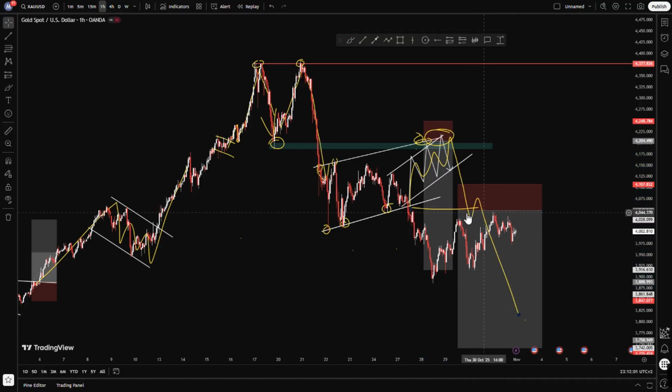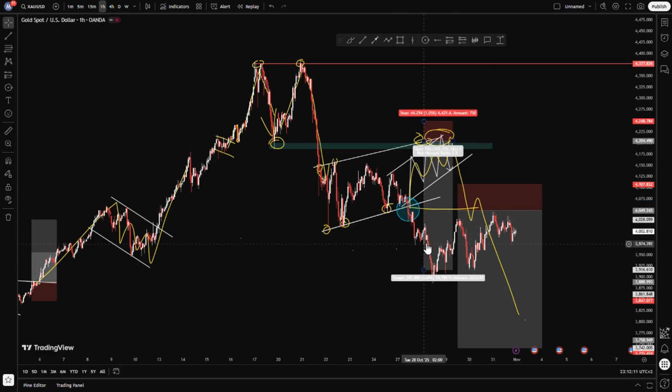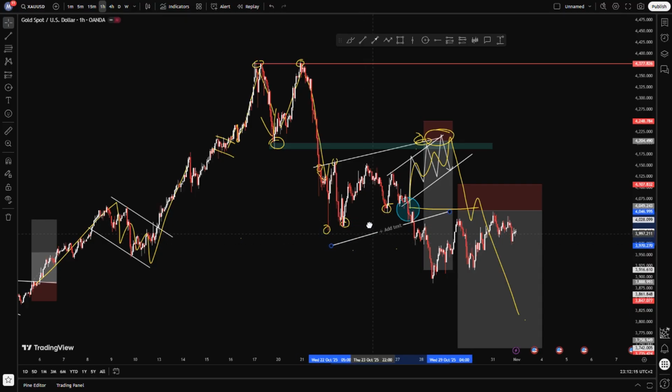This was going to be my second entry right here. But now, as we can see on the screen, price dropped from here and started going to the downside. I have this trend line below, and price broke below my trend line and started pushing to the downside.